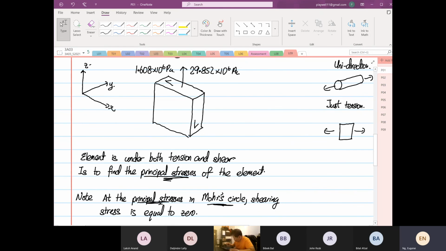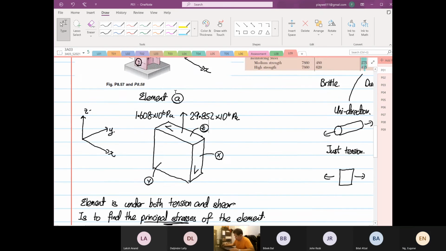So I'm going to label this first. This is our point X. This surface over here is our point Y. And this surface is our point Z. So all these are relative to the transformation.